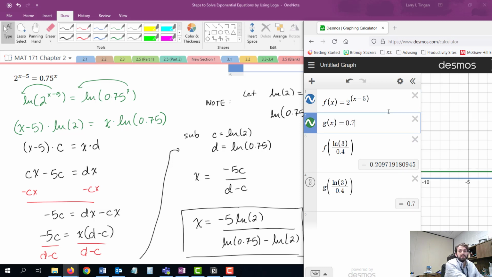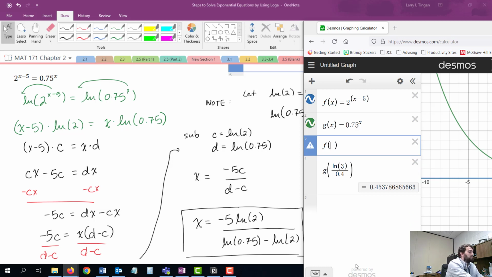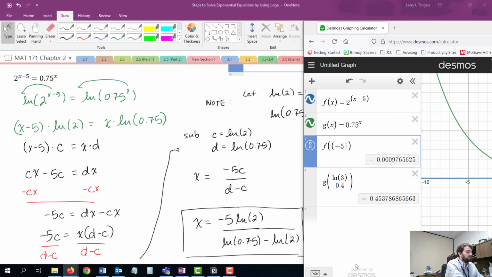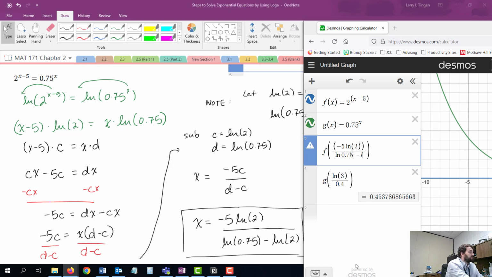Right-hand side, 0.75 raised to the x. And then take my answer, negative 5, and I'm going to do parentheses here just so the computer doesn't get confused. 5 natural log of 2 divided by natural log 0.75 minus natural log of 2.